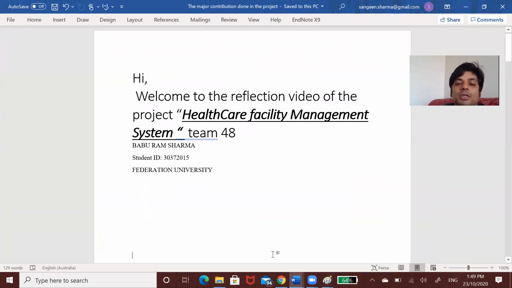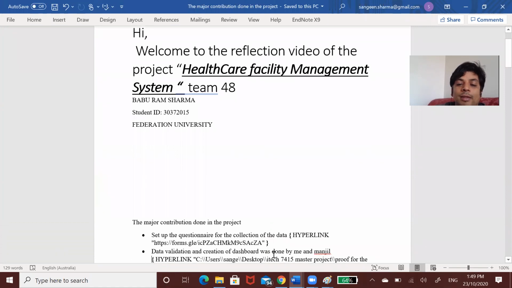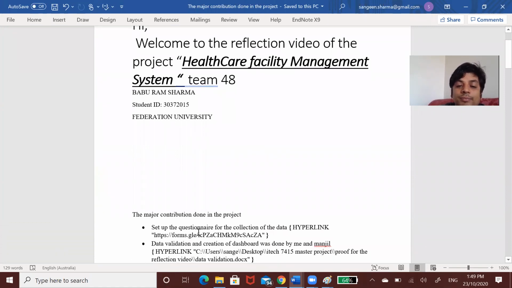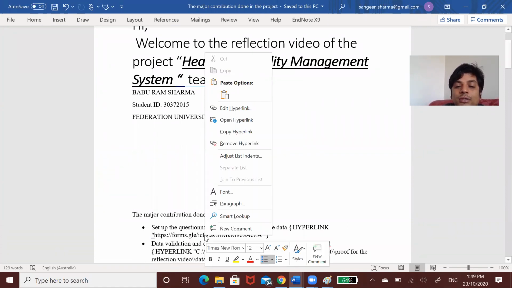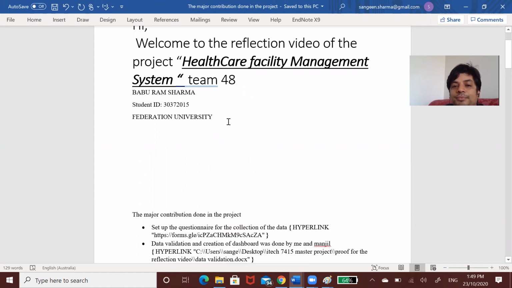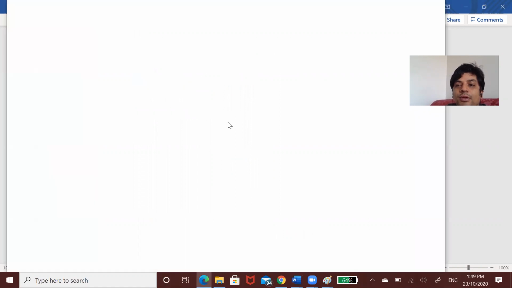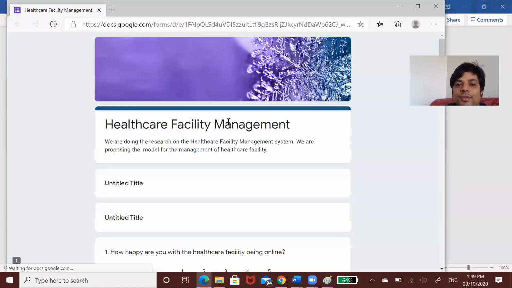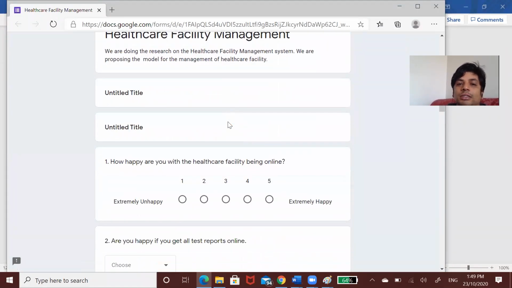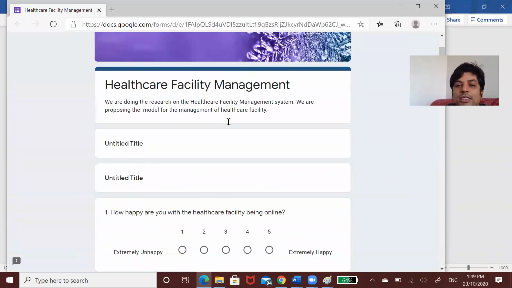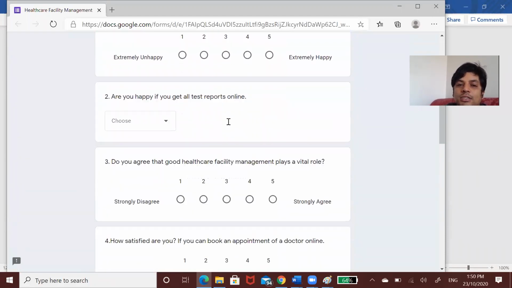I was especially setting up the questionnaires. This is the questionnaire that we set up for the collection of the data.